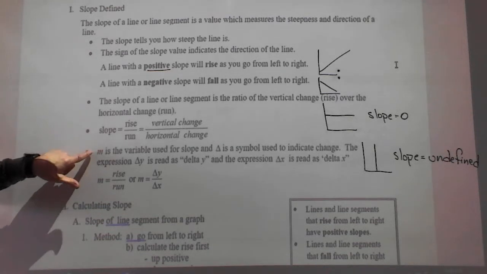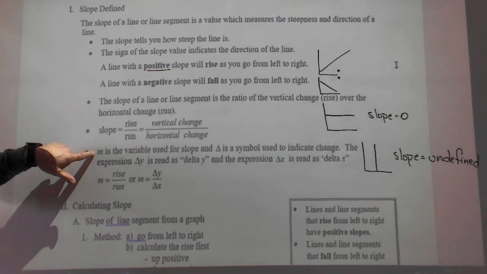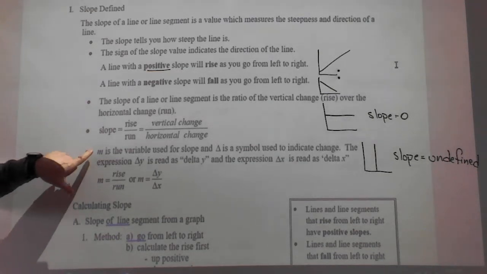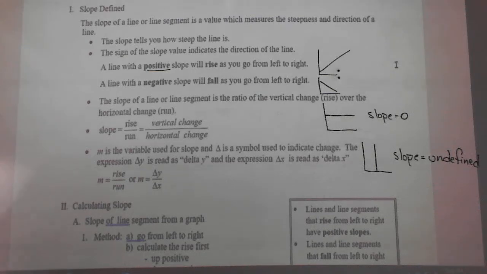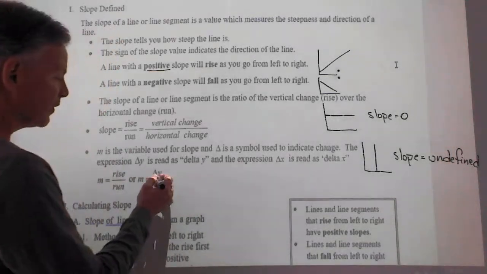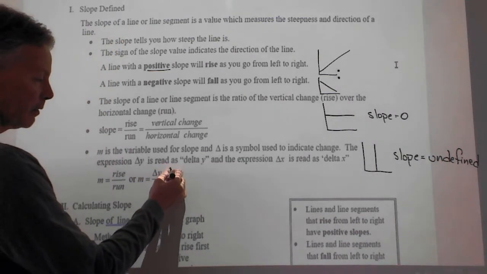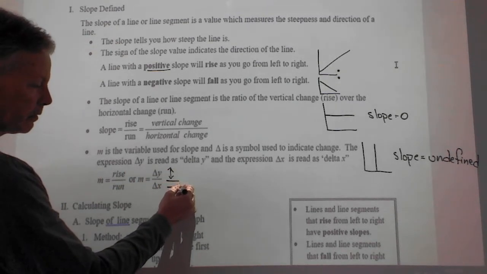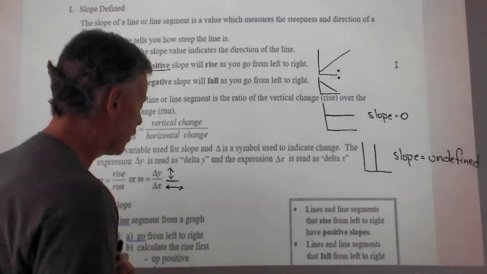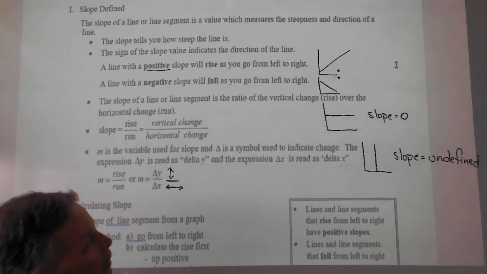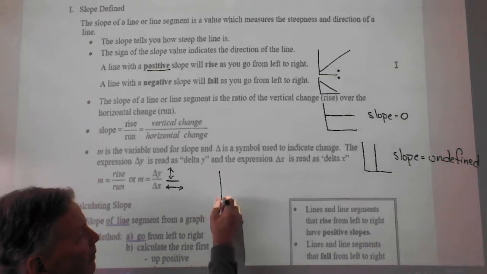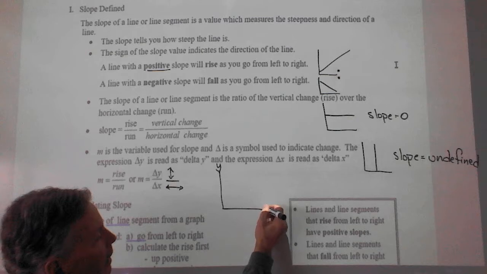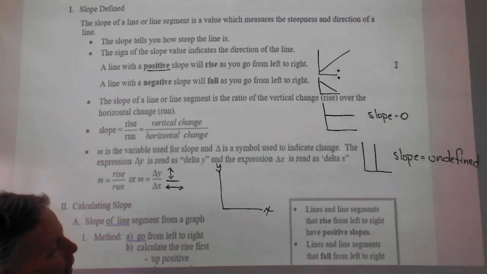The variable that we use for slope is m, and that gives us a formula for slope of rise over run. In other words, what's the difference? What's the vertical change? And what's the horizontal change? Okay, now, you know that the vertical axis is the y-axis, and the horizontal axis is the x-axis.